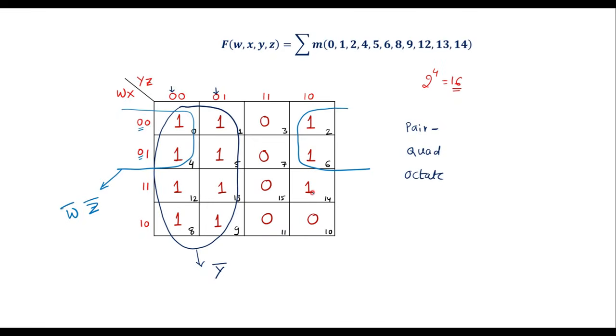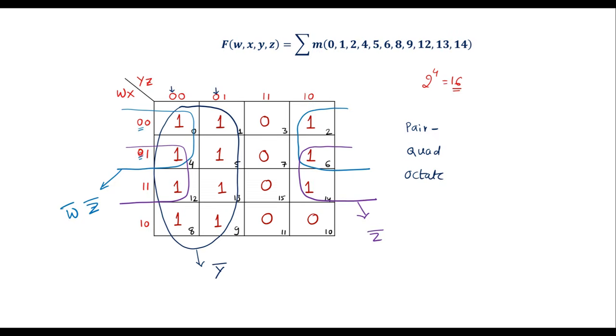Now here we can observe there is one more one. It should be covered. Now this one, this one, this one and this one together we can make as a quad. Let me do the quad. These two and these two together I can make a quad. Here it covers the first column and last column. The common value is 0, and 0 is with respect to z, so this is z bar.